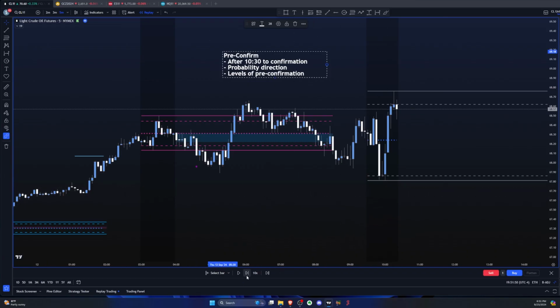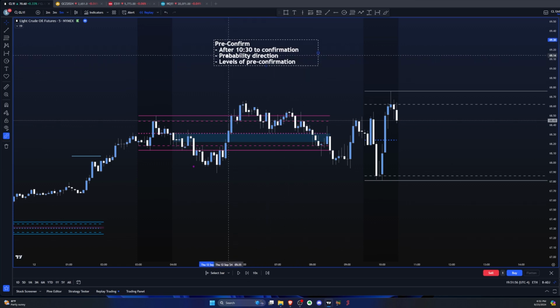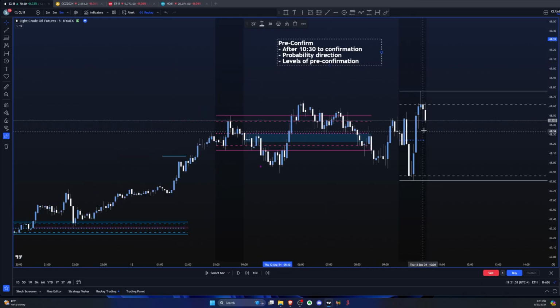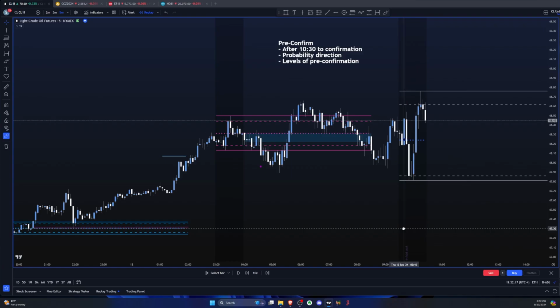What we're going to do, first of all, is wait for confirmation. Now, I do need to say this probability of direction piece, we start to get right about here, when my data is pretty clear on what the direction is going to look like. So roughly around 10 o'clock, sometimes a little bit earlier.